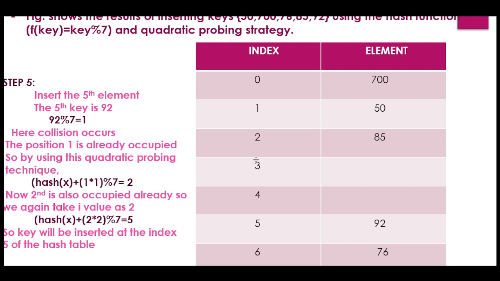We get 2, but here 2 is also filled with the other element, that is element 85. So we have to move to the next. Hash of x plus 2 into 2 mod 7, that is 1 plus 2 into 2, that is 5. 5 mod 7 is 5. So key will be inserted at the index of 5 in the hash table.